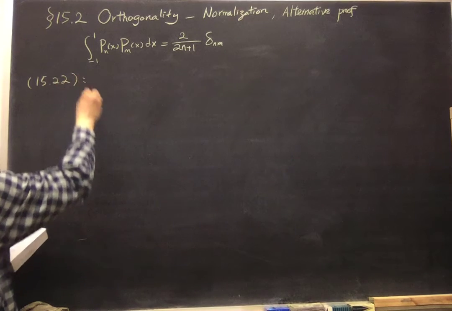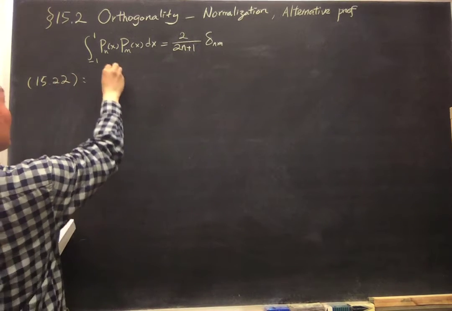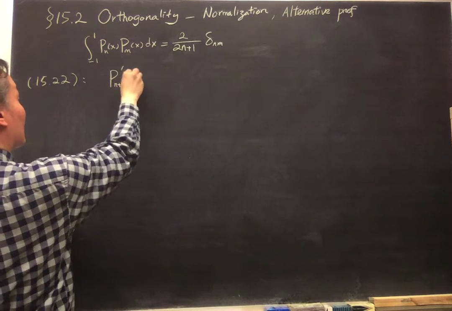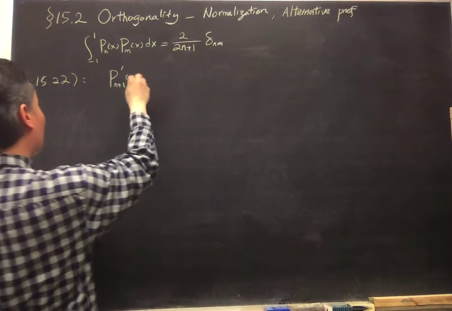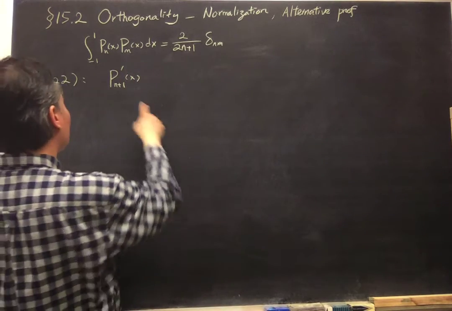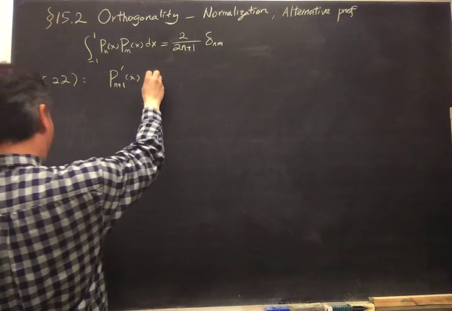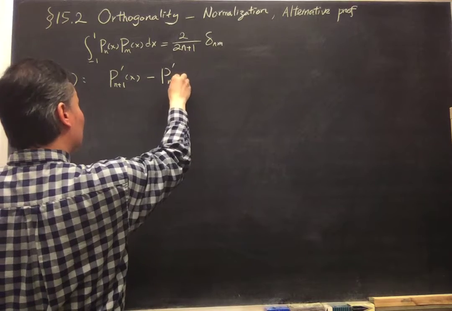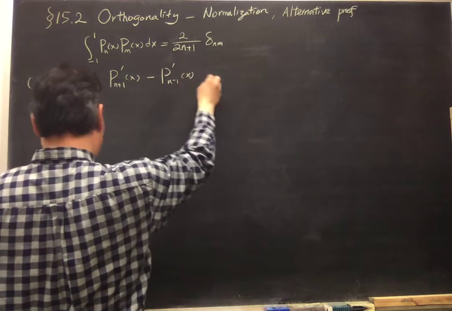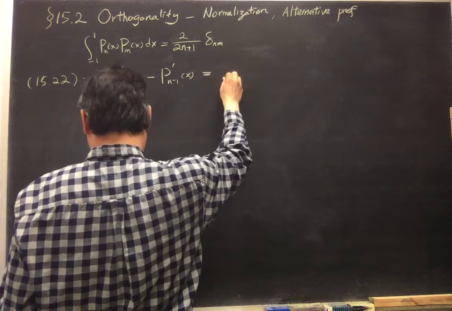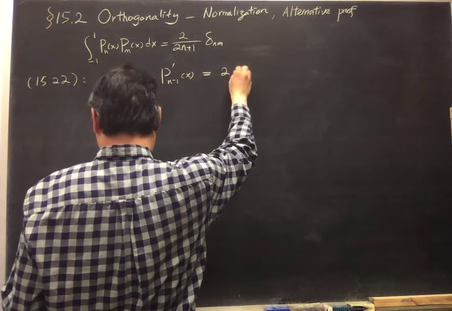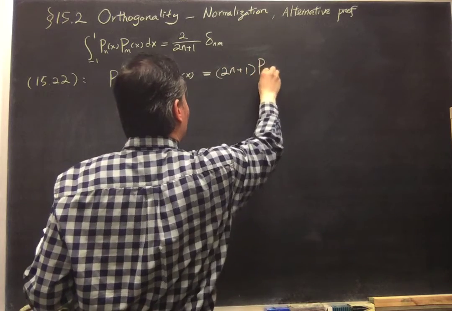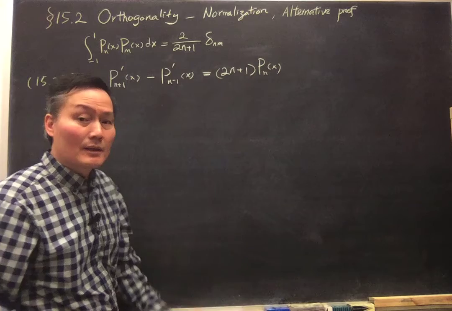Actually, more than one can be used, but I'll start with a recurrence formula, which is equation 15.22. The recurrence formula is P sub n plus 1 prime of x minus P sub n minus 1 prime of x equals 2n plus 1 times P sub n of x.